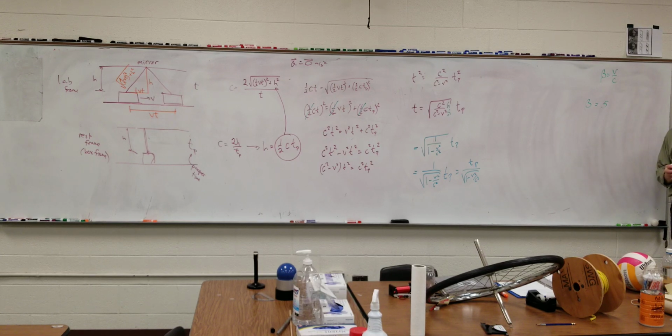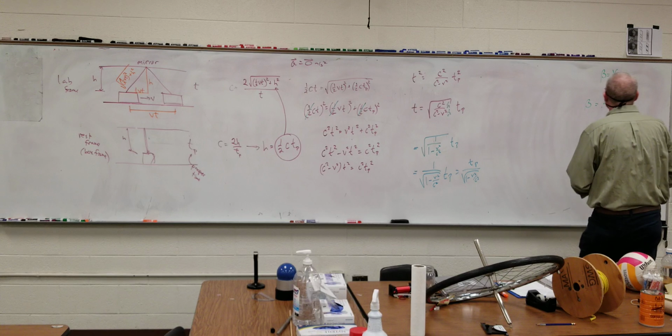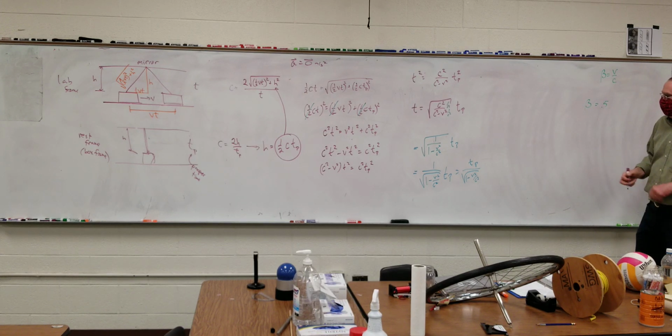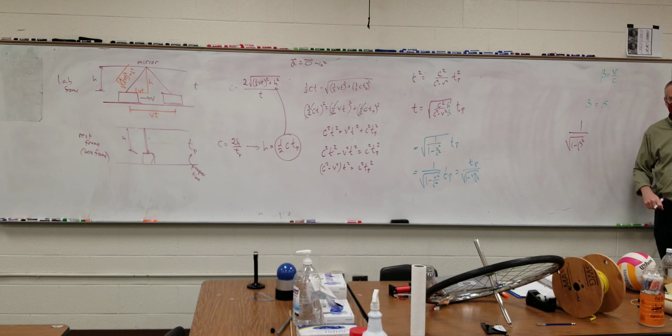Now, what I have over there, my coefficient of my proper time, in essence, I have 1 over the square root of 1 minus beta squared. This is known as the Lorentz factor, named after the one who got so close to actually coming up with special relativity.